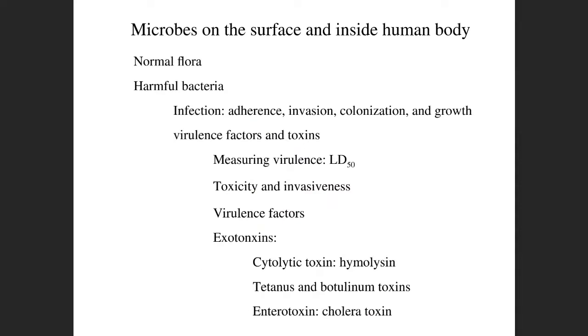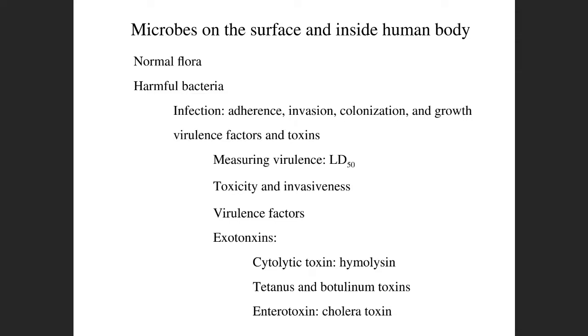So more specifically, I'd like to talk about a few examples. One is exotoxin. Exotoxins are the toxins that are produced by bacteria and secreted outside. So this is cytolytic toxin, and hemolysin is one example.